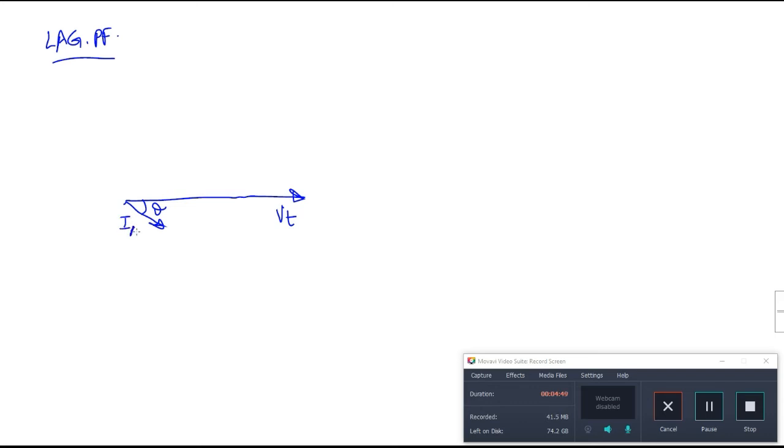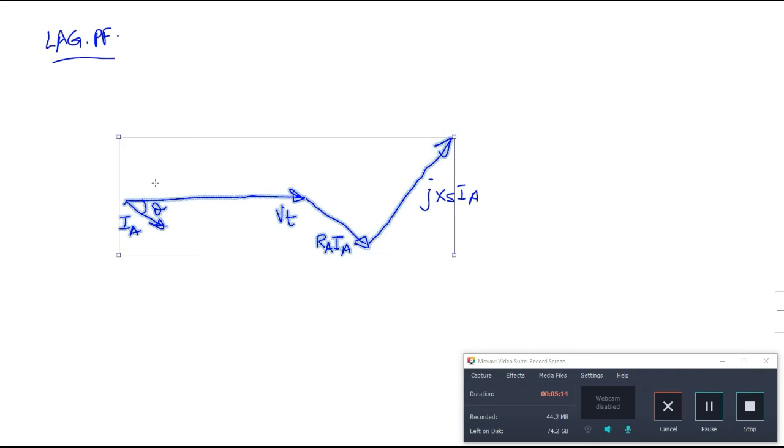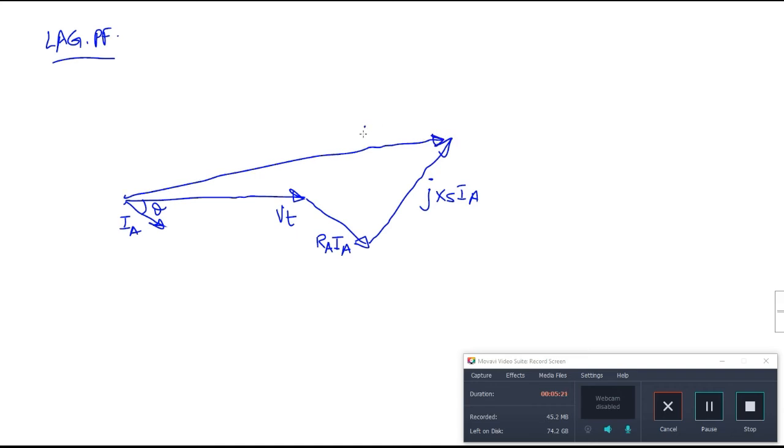So this is IA, and R will be this way, the drop across R, so RA IA. Let me make it a little bit longer to have a clear graph. So this is JXSIA. The resulting voltage will be ET.